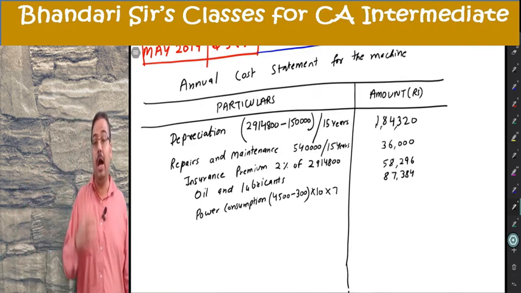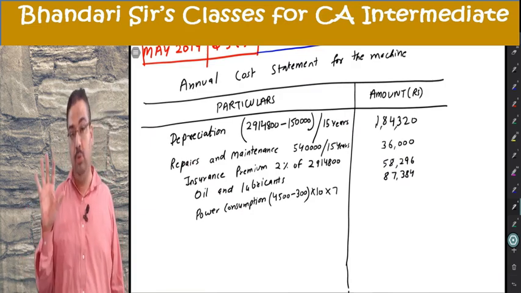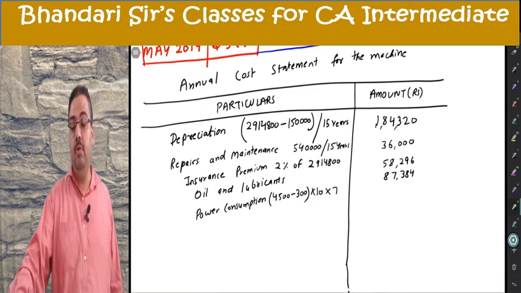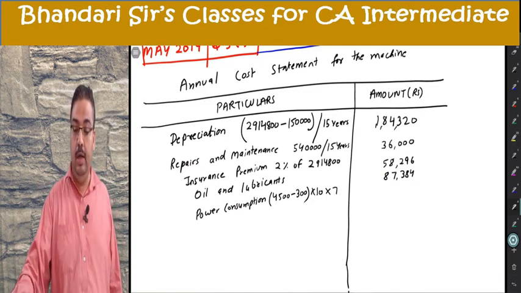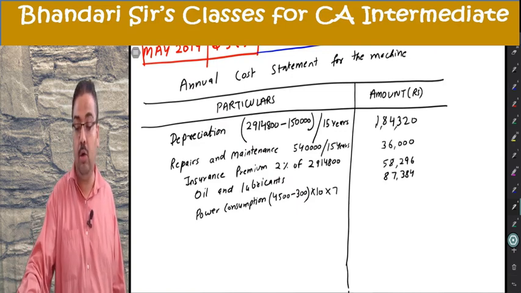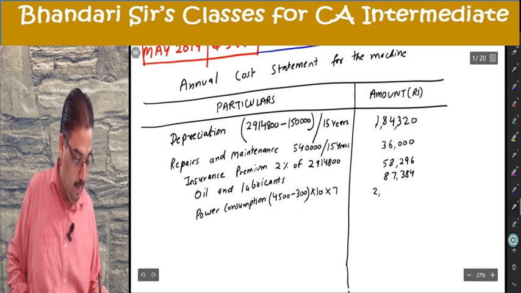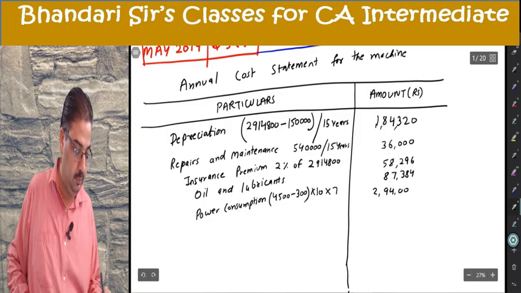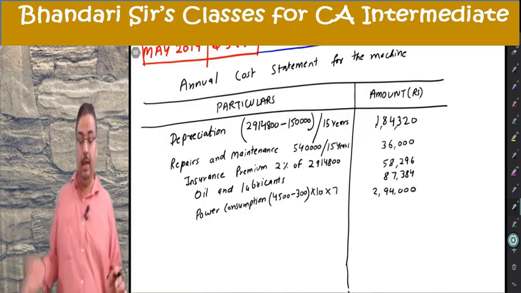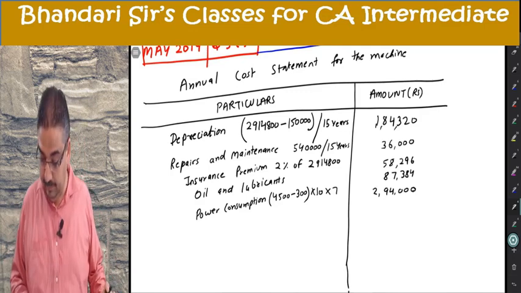First compute hours on which power will be consumed. 4,200 net working hours. 10 units per hour means 4,200 into 10, 42,000 units will be consumed. On 1 unit there is a cost of 7. So what I am getting is 2,94,000 as power cost. Now do the calculation very carefully. Either show here or make a working note for each one of them.